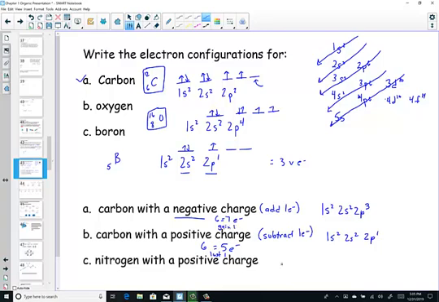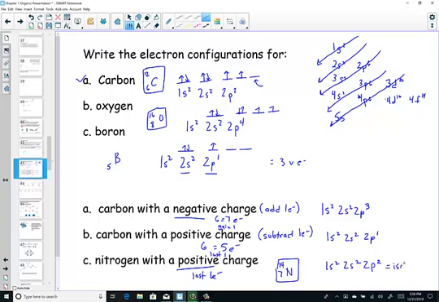Nitrogen on the periodic table is number 7. So 1s2, 2s2, 2p3 would give us the 7 electrons, but now that it's positive, it lost 1 electron, so we only write for 6 electrons. 1s2, 2s2, 2p2 is the nitrogen plus 1.